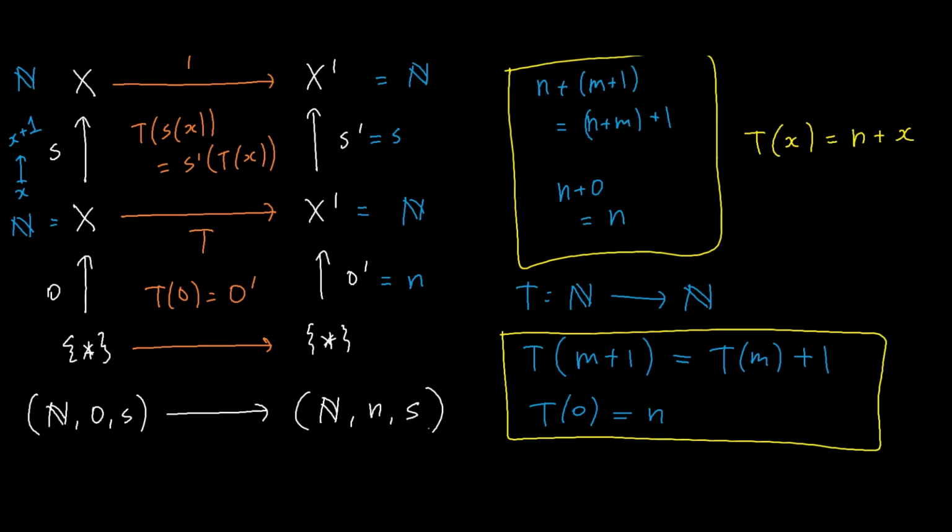But how many ways can we add n? Those of you who are familiar with mathematical recursion know quite well that when I have a system of formulas like this, where the first one must hold for every m, this defines T uniquely. Indeed, there is only one way of adding n, right? It's given by the usual addition operation.